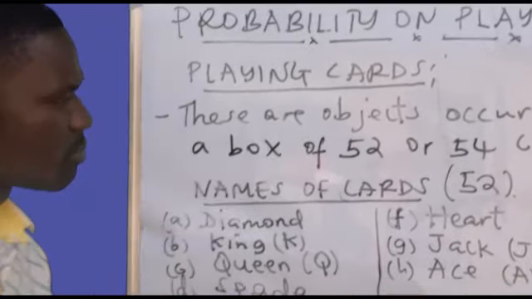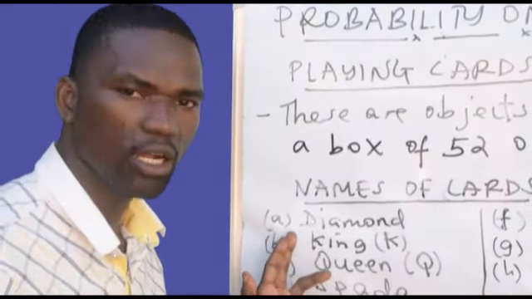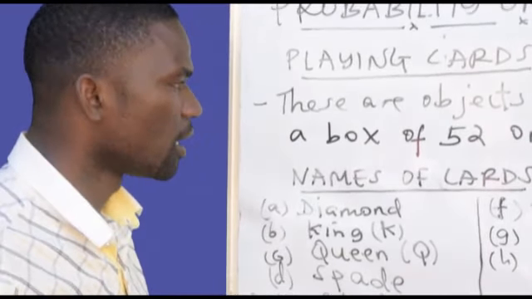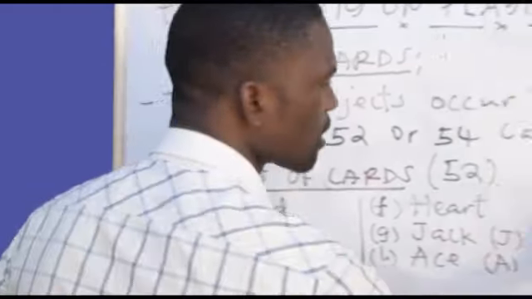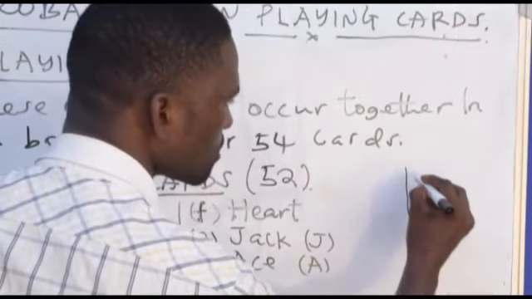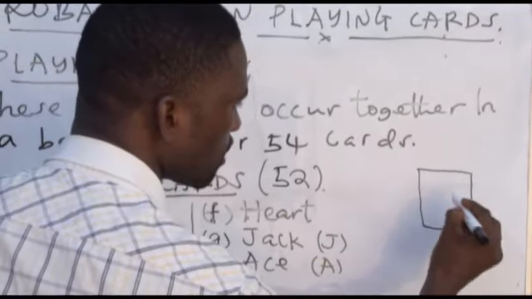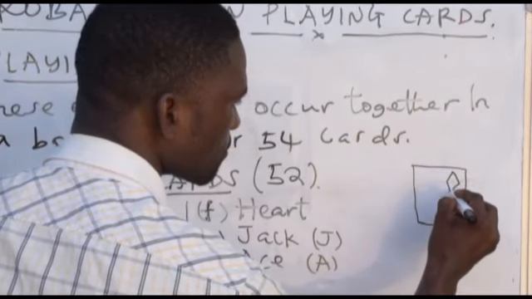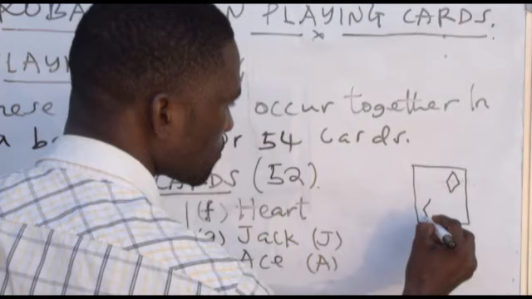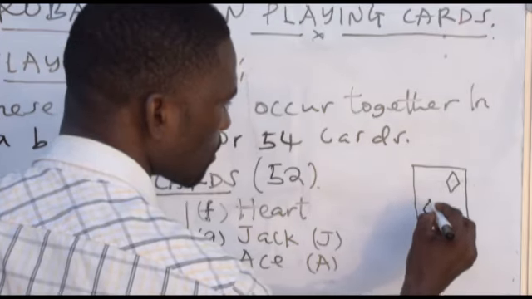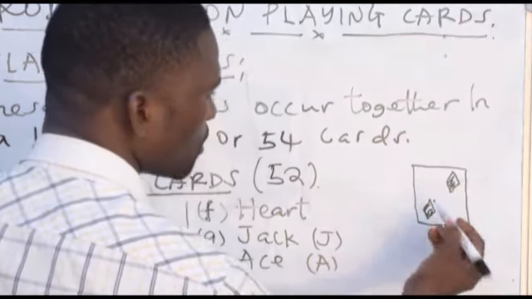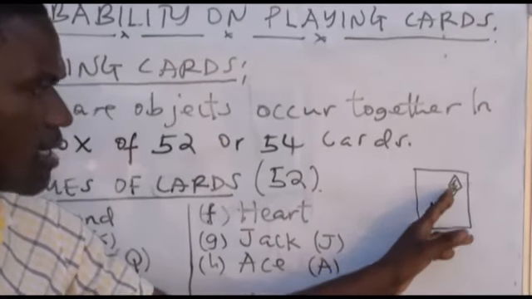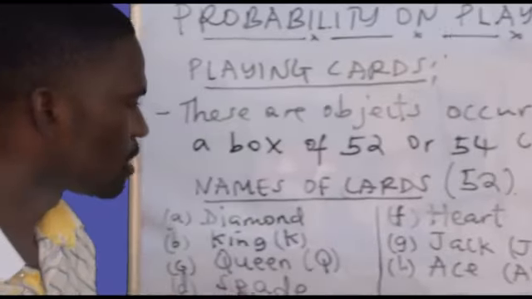With these playing cards, there are cards which are called diamond, and this one is the card which looks like this. So here there is a diamond one. A playing card which has been marked as a diamond is also called a diamond card.